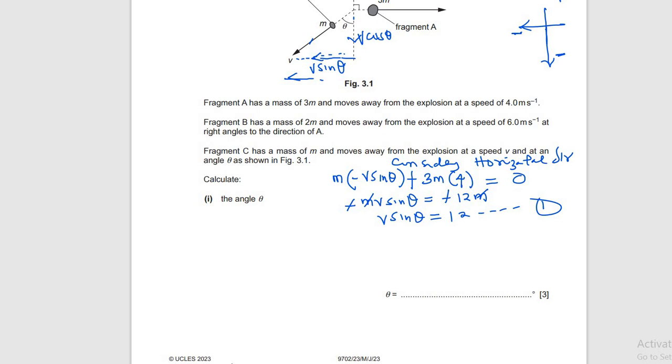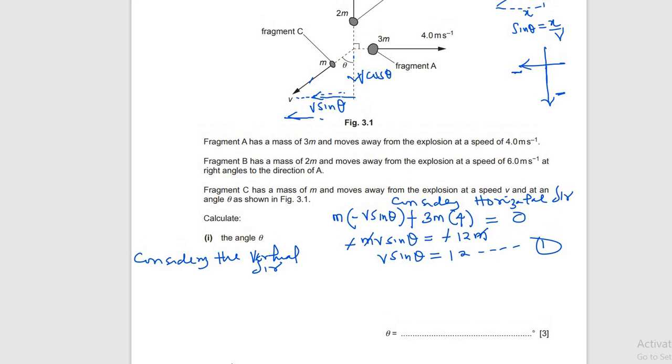Now let me also consider the vertical direction too. Considering the vertical direction. Let me start from the vertical direction of fragment C. Like I said, look at fragment C. The vertical direction of fragment C is v cos theta down, that's velocity.